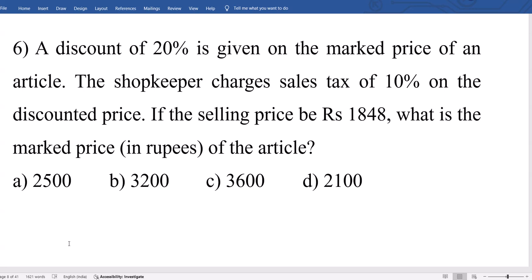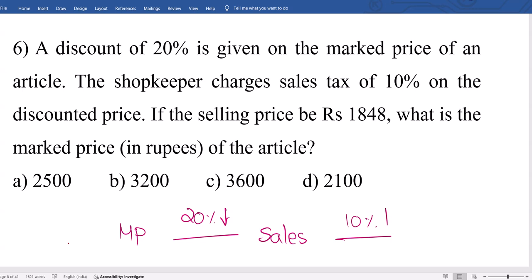Discount is given on what? They mentioned it in the question: discount is given on the marked price. They gave a 20% discount for selling, but now they are charging 10% tax as well. Then they are selling the product for 1848.